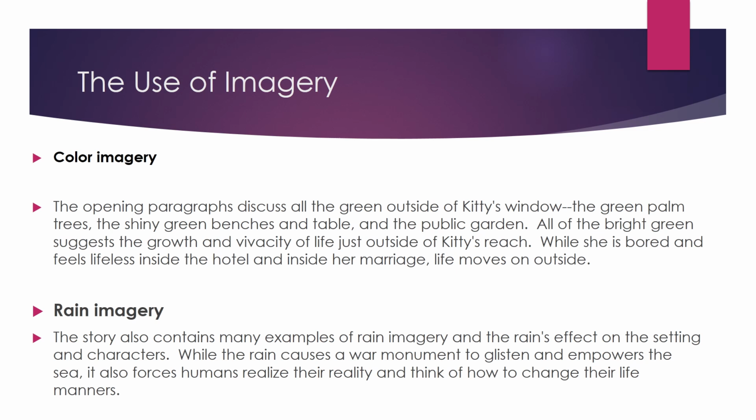The story also contains many examples of rain imagery and the rain's effect on the setting and characters. While the rain causes a war monument to glisten and empowers the sea, it also forces humans to realize their reality and think of how to change their life manners.